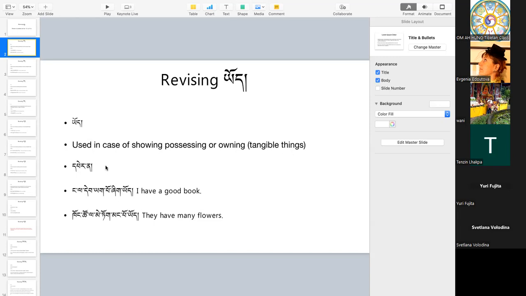So we must understand that when we say someone is possessing or owning this, we know that they own this. Definitely, if you use it for the first person, it's a narrative.